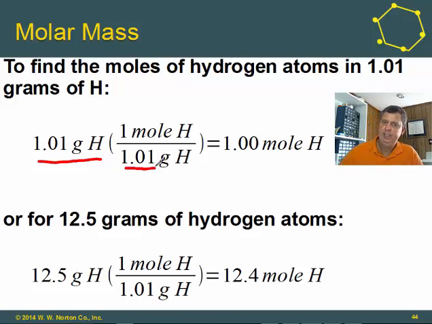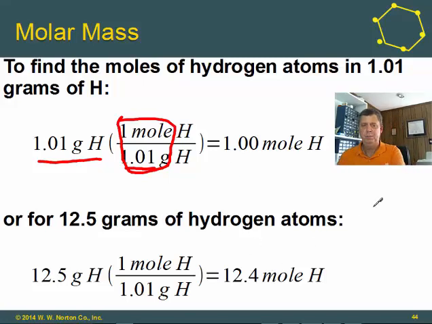So again, that's what we're doing here. This is our conversion factor that we get from the periodic table, 1.01 grams for every 1 mole. And this is talking about hydrogen atoms, so we have 1 mole of hydrogen in this case. For 12.5 grams of hydrogen, we get 12.4 moles of hydrogen, so simple enough.